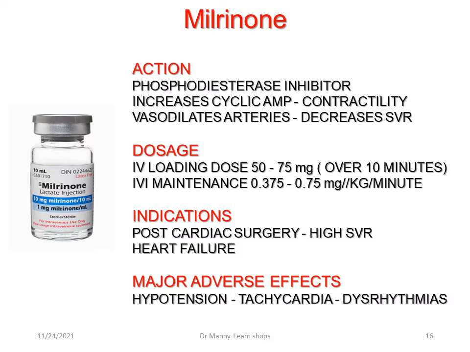And the indications typically are related to post-cardiac surgery, where the patient has a high systemic vascular resistance, and heart failure states, because it decreases afterload. The major adverse effects can be hypotension because of vasodilation, tachycardia, and cardiac dysrhythmias.